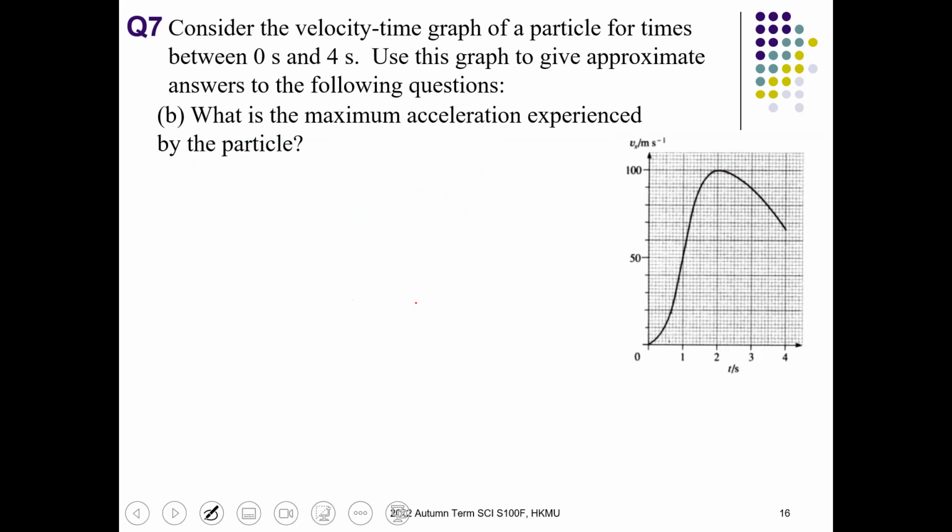In part B, we need to determine the maximum value for the acceleration, which means we are considering the steepest slope, which is the largest value. Either positive or negative could be fine.